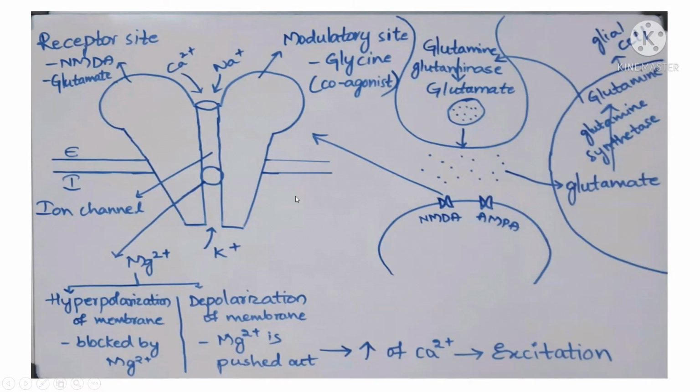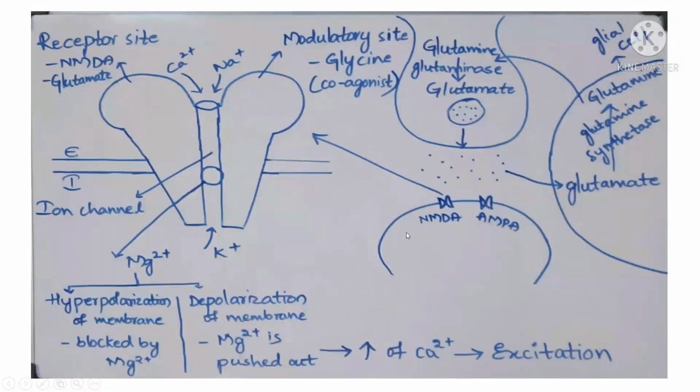Now we come to the mechanism: what happens when glutamate acts on this receptor. Whenever there is a low stimulus and glutamate acts, these AMPA channels will open. Under low stimulus, AMPA channels will open, but only under high stimulus will the NMDA channels open, because here magnesium is blocking the entry of these ions.